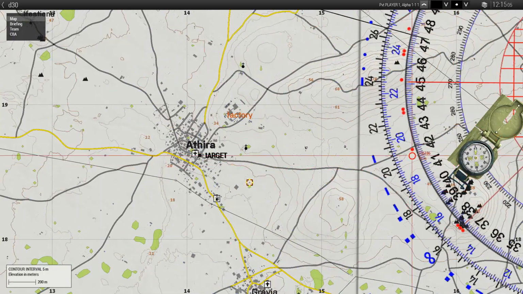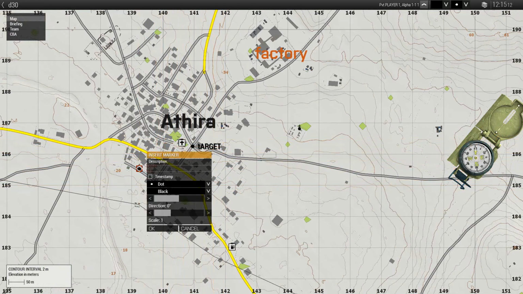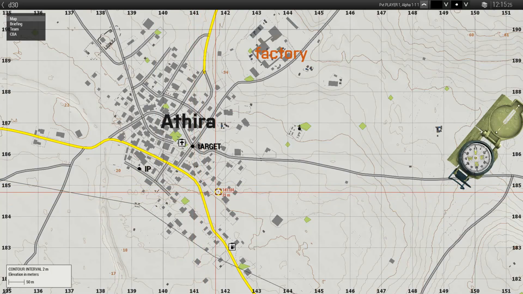let's say I shoot, and let's say it falls here. So this is my impact point, IP. Well, the forward observer is a profession of its own. He has all the tools and all the knowledge to relay this data back to me.